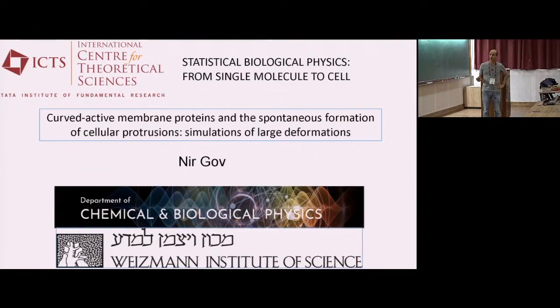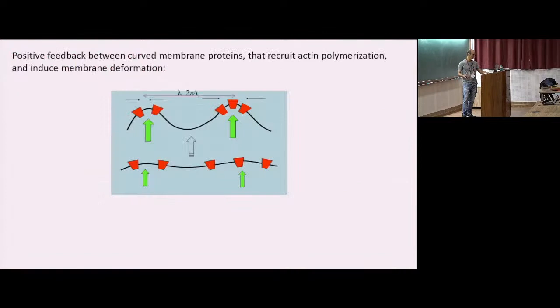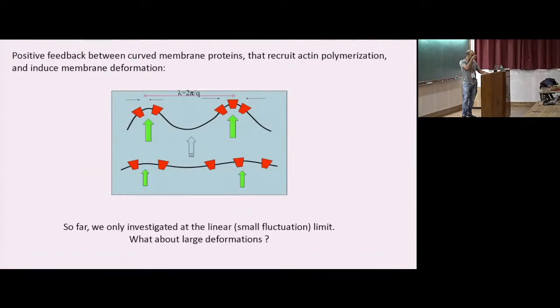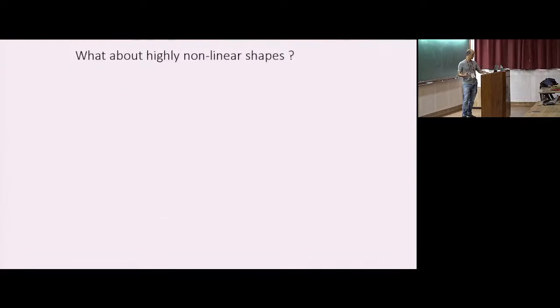But now we will leave the limit of small deformations, which allowed us to do analytical work in the form of linear stability analysis, and go into simulations of large deformations. This is where we were last time with small deformations and linear stability analysis. What happens when you want to leave that regime and go into the regime of large deformations?